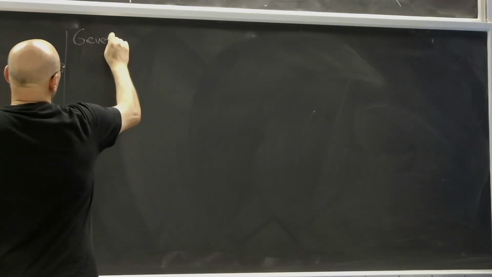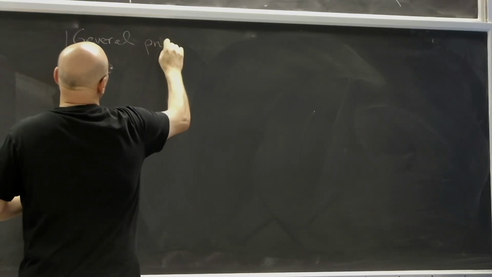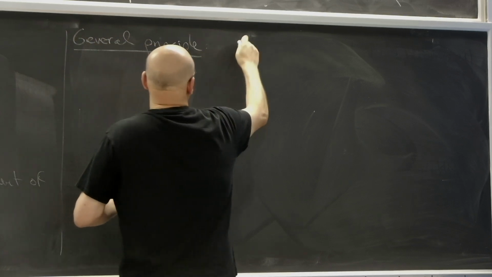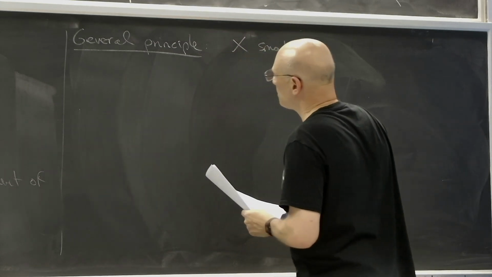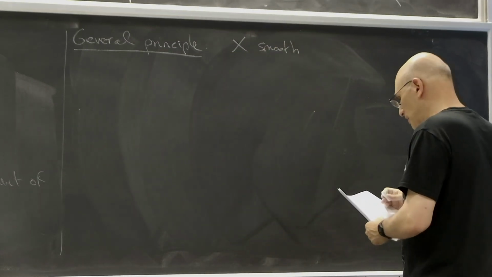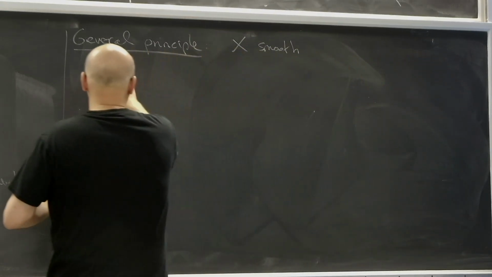So now I just have a bit less than 10 minutes. Let me just quote a general principle. So if X is a smooth scheme, but stack also, then you have this characteristic cycle map.